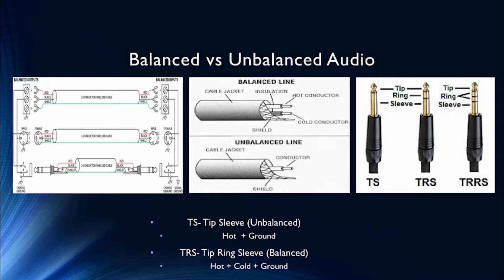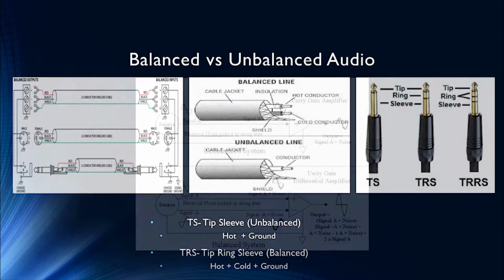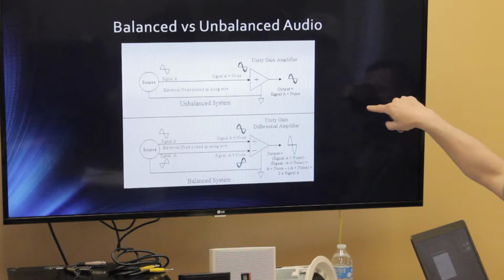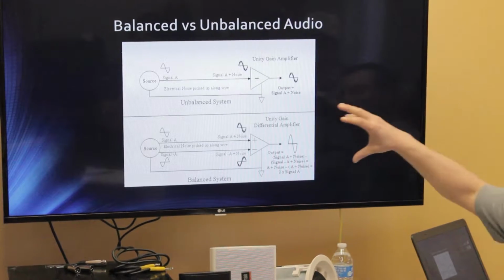But we looked at unbalanced and balanced and how the sine waves were different and they were opposite and they would cancel each other out. So basically on an unbalanced line, you've got just one hot feed and then your ground, and that's where you can get noise.